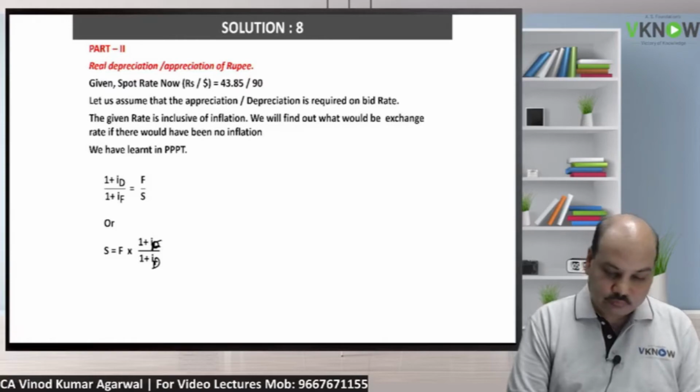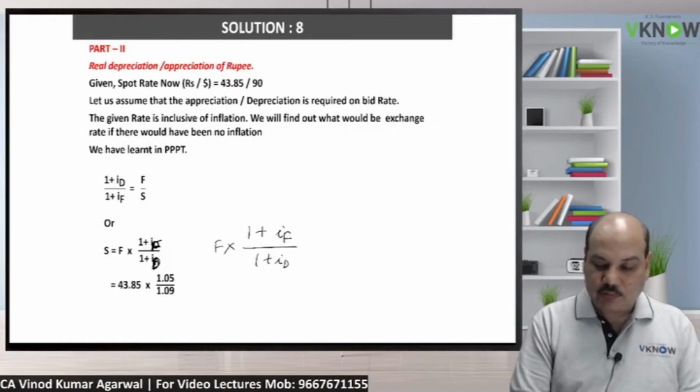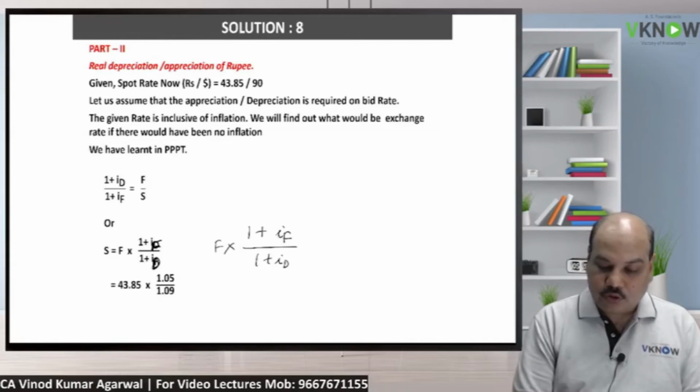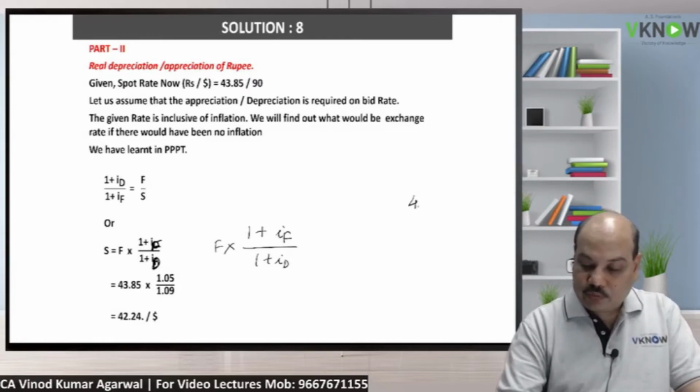Okay, there is a small typing error. I will write again: 1 plus if upon 1 plus id. This is what we have to write. So now solve it. After solving this, we are getting 42.24.